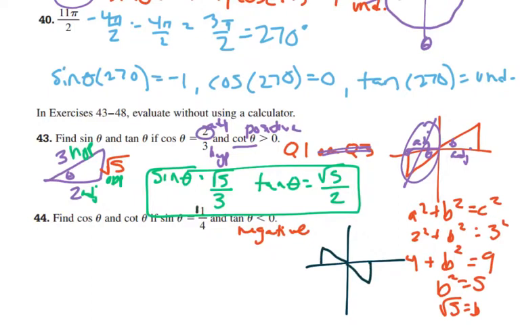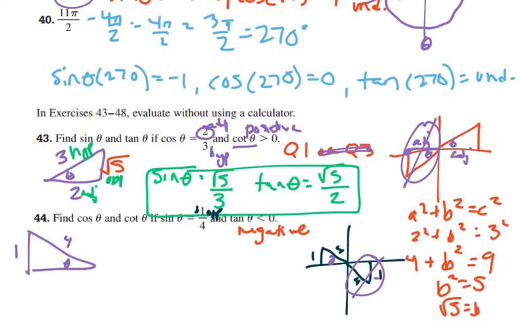And they're telling us that sine has an opposite side, so this side here has to be 1, and then the hypotenuse has to be 4. And so there's no way that this one could work in quadrant 4, because it would need a negative 1, which we don't have. So that means that our image has a height here of 1 and a hypotenuse of 4.